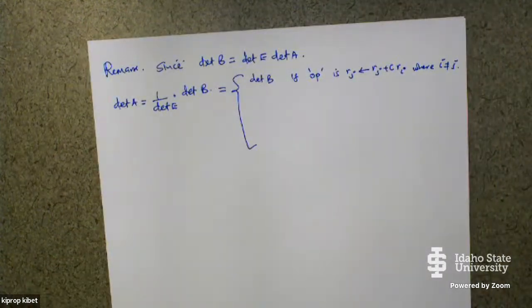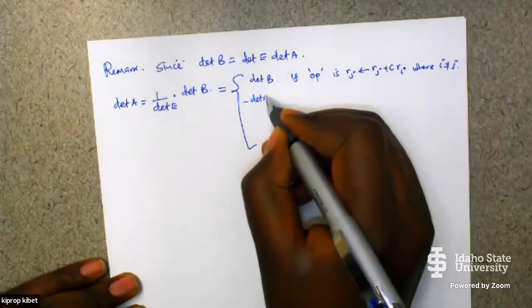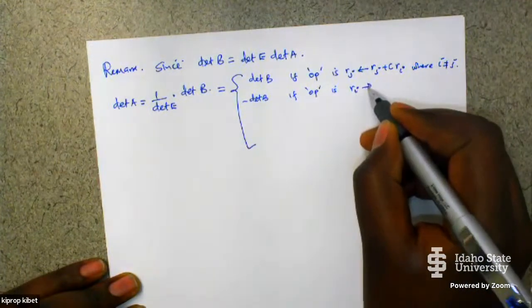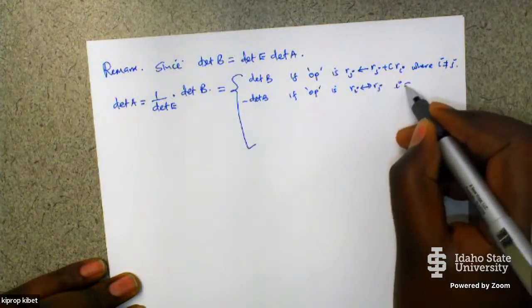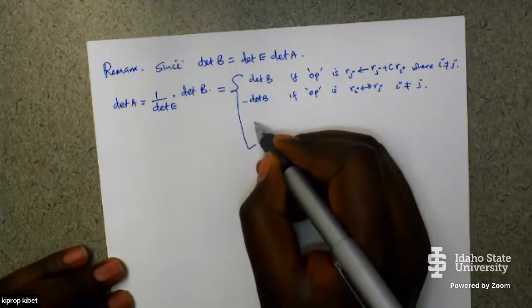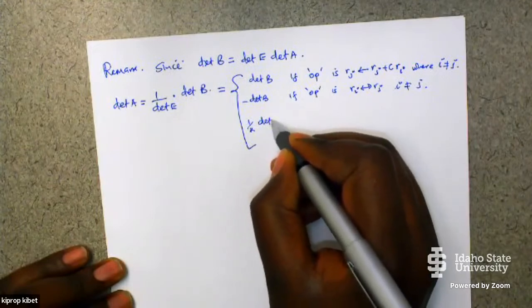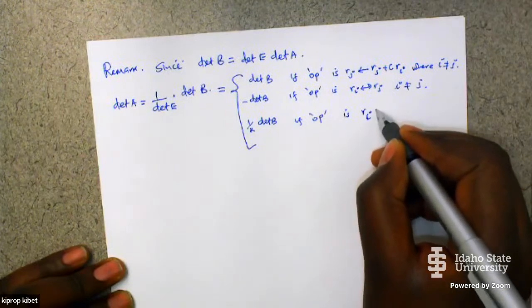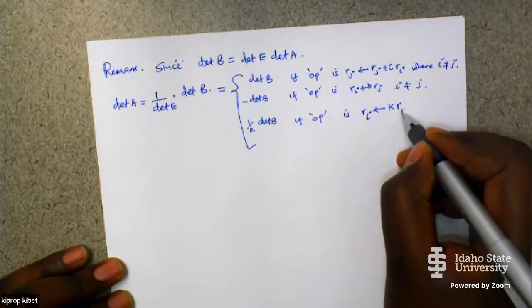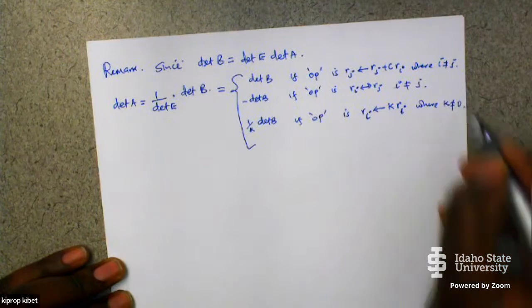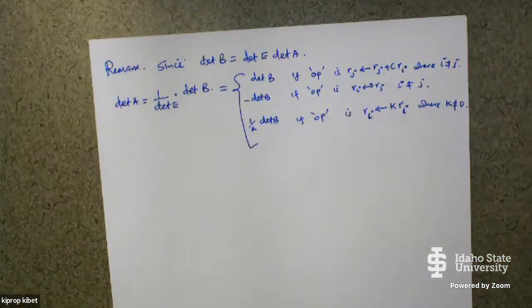Minus the determinant of B if the operation is switching Ri and Rj, where i is not equal to j. And 1 over K times the determinant of B if the operation is the new Ri being a constant K multiplied by Ri, where K is not equal to 0.